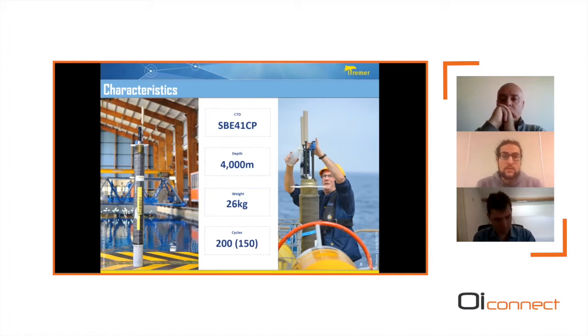The float weighs 26 kilograms and is able to do up to 200 spot sampling cycles and up to 150 cycles with continuous pumping. It was commissioned at sea in 2015 and then manufactured in 2016. There are about 50 DPower all around the planet, and at Ifremer we plan to deploy 50 more over the next 2 years.